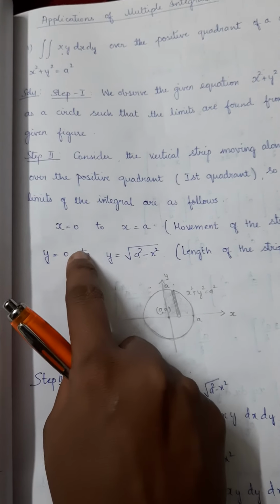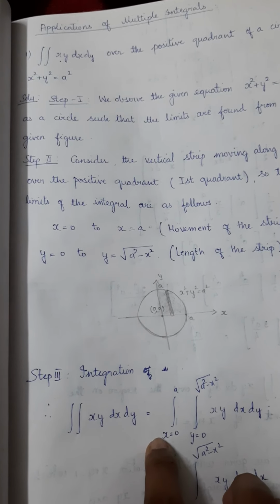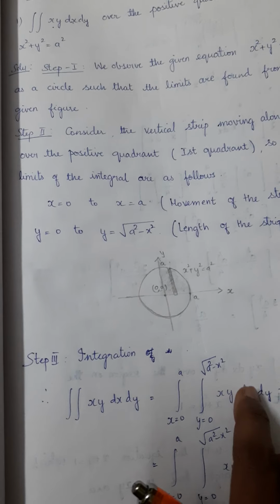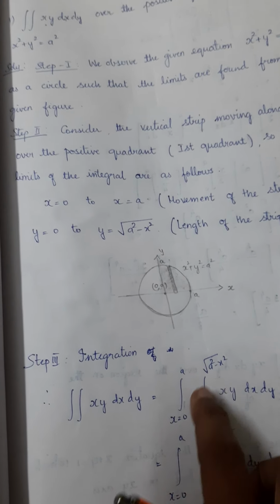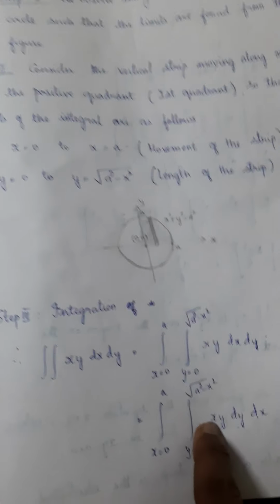Therefore, y is equal to 0 to root of a square minus x square. The limit of y is placed inside. The limit of x is for the outer integral. So we have xy dx dy, y equal to 0 to root a square minus x square, x is equal to 0 to a. Now we have to evaluate.